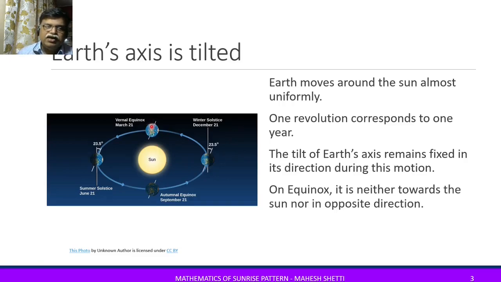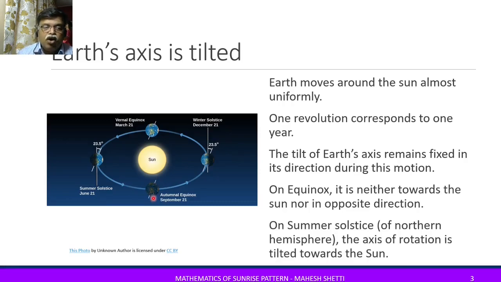So on vernal equinox as well as on autumnal equinox, that is on 21st of March and around 21st to 23rd of September, the positions are like this. On summer solstice day in the northern hemisphere, the axis is tilted towards the sun, and on the winter solstice day in the northern hemisphere, that happens on 22nd of December, you can see the northern hemisphere is tilted away from the sun.